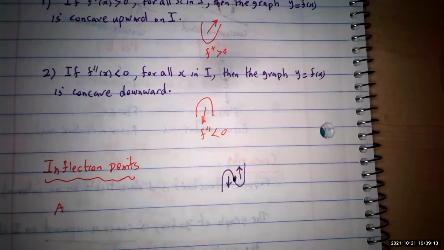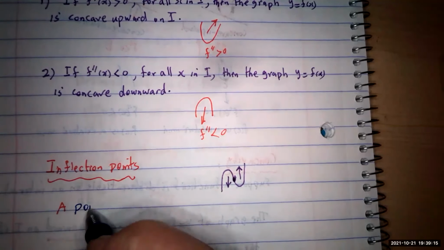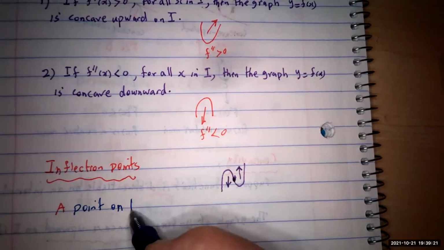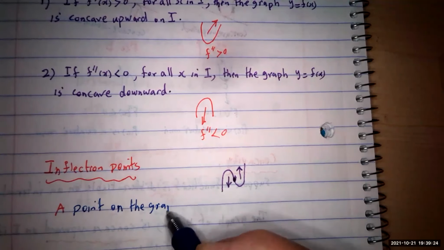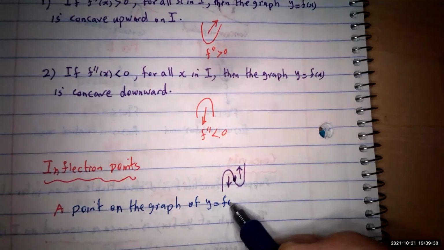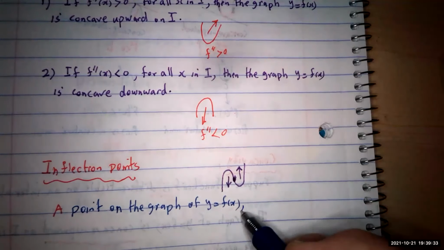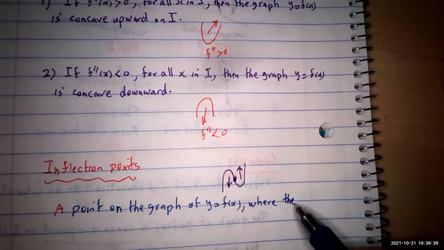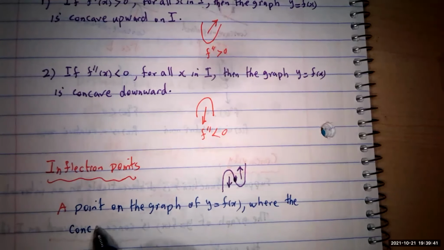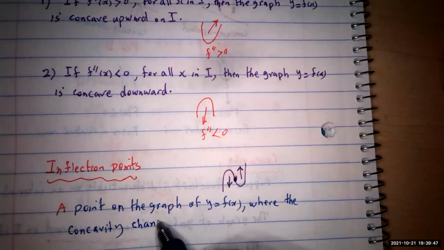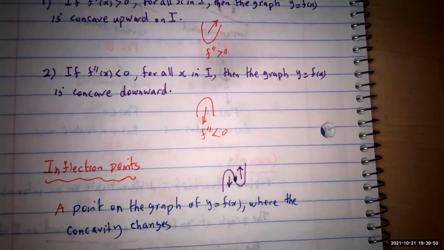So that's it, a point, or points sometimes. A point on the graph of y equal to f of x where the concavity of the graph changes, meaning going from f double prime positive, for example, to f double prime negative, or the other way around.